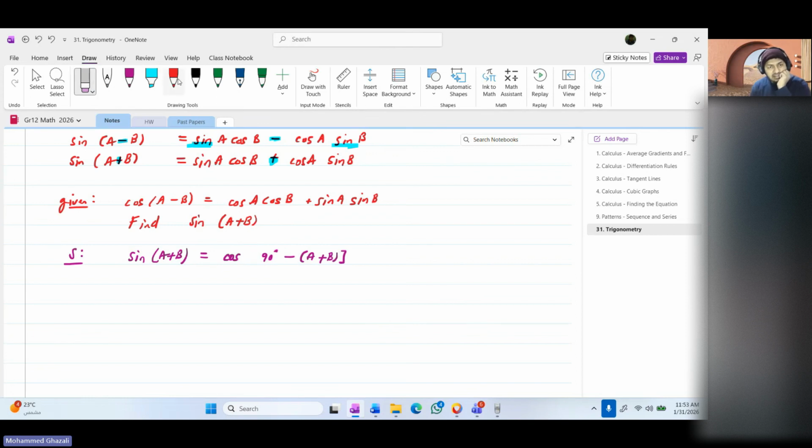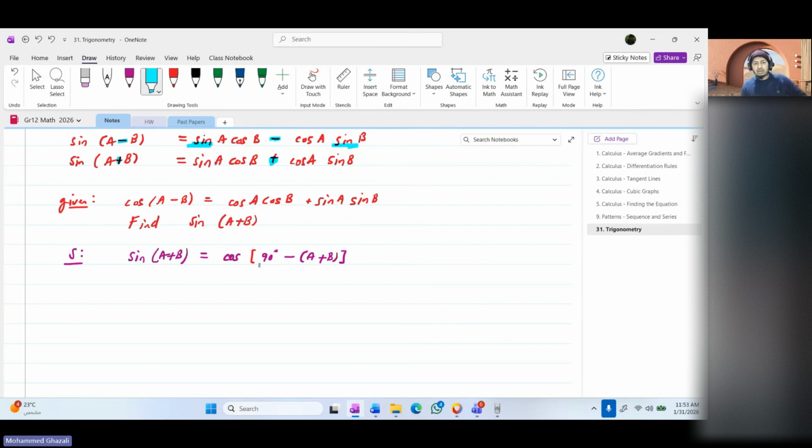It's like taking this entire thing to be theta, because I need to change the sign. I need to incorporate this formula here. I need to use this formula somewhere here, right? So I need to use the cos A minus B formula. So that's the information I have.